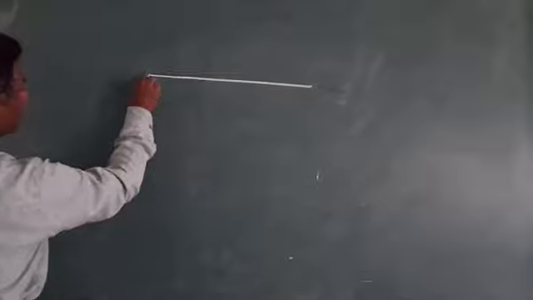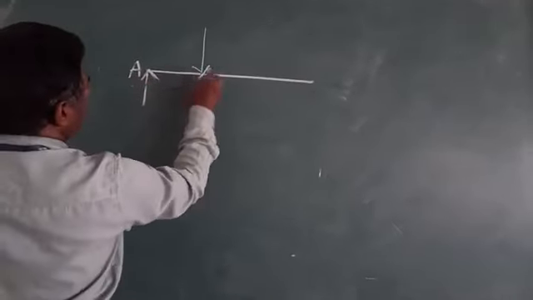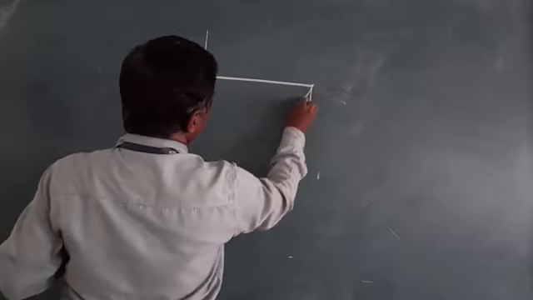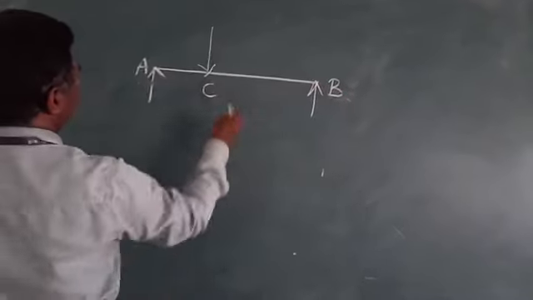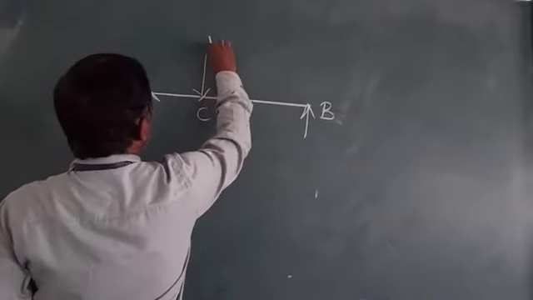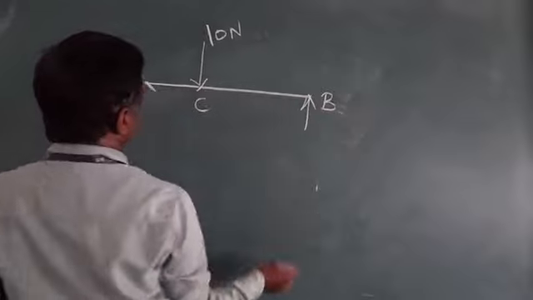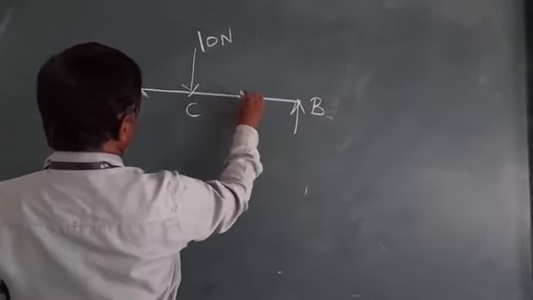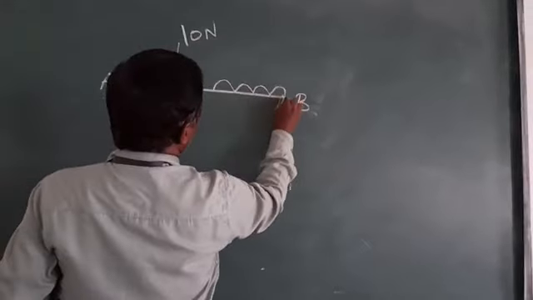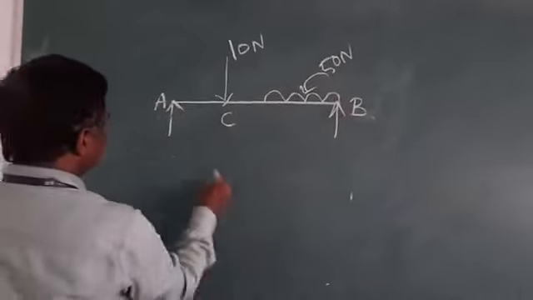Same thing at point A, and here we have another point B. This is point C, where we have 10 Newton, and the UDL of 50 Newton per meter.